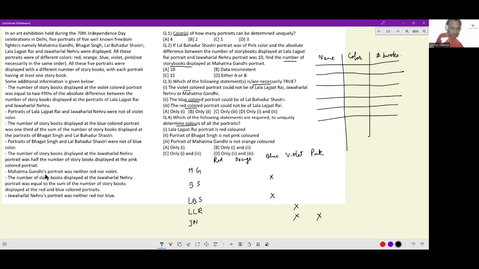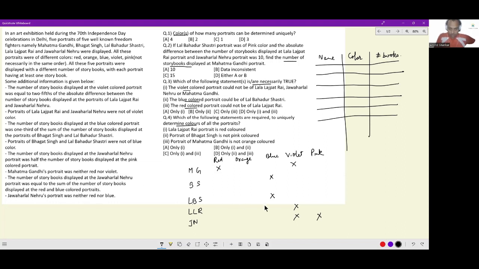Next, Mahatma Gandhi's portrait was neither red nor violet. Okay. The number of storybooks displayed at Jawaharlal Nehru's portrait was equal to the sum of number of storybooks displayed at the red and blue colored portraits.